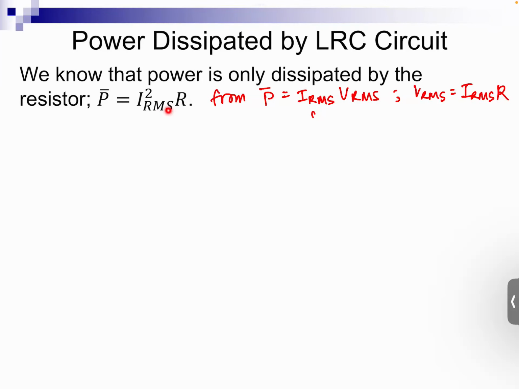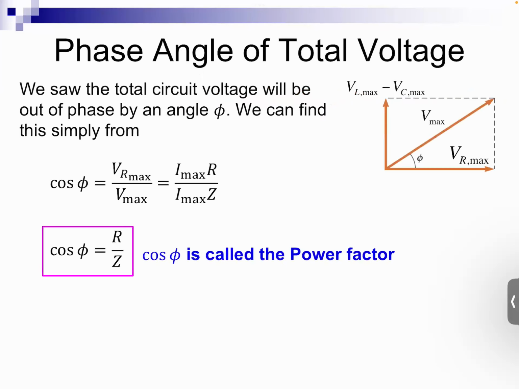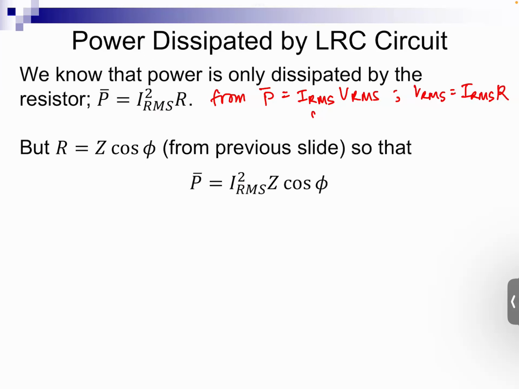Okay. So the resistance R is not just the resistance of the resistor, but it's this R coming from the power factor. From the equation, R is equal to the impedance times cosine phi. Hence, we can rewrite the power as I squared times the impedance times cosine phi.